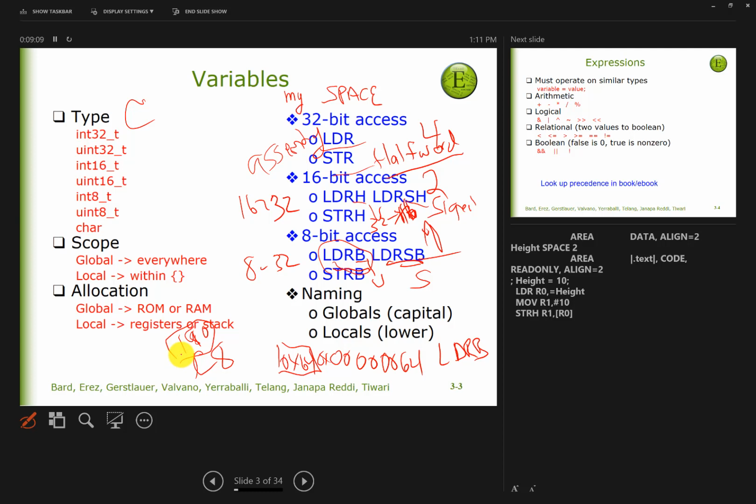So I have the hexadecimal 0x00000190 in the register, and I do an STRB. What happens? I'm going to chunk out the 1 and store the rest into the memory.